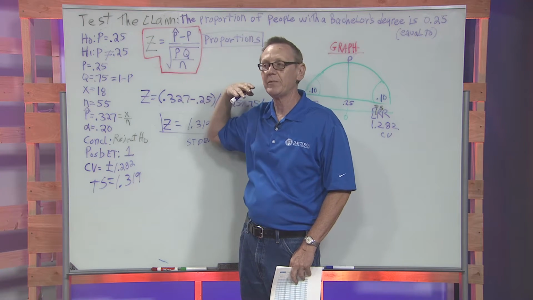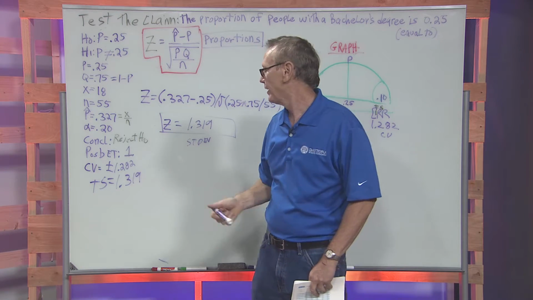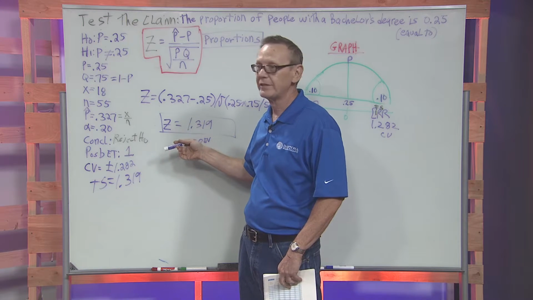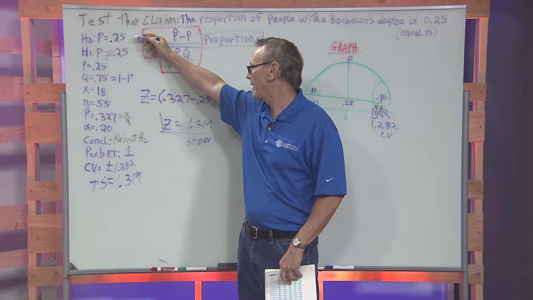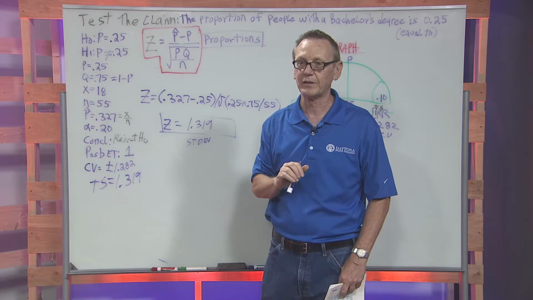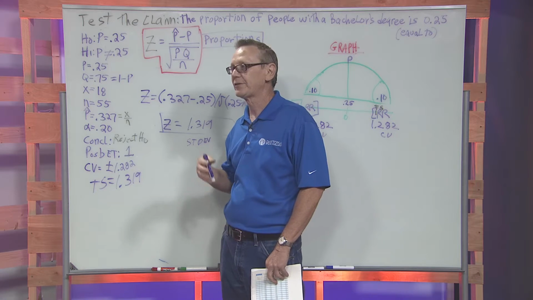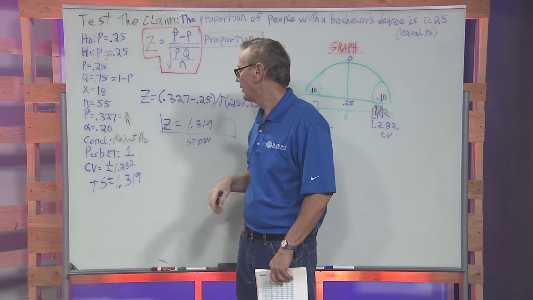Maybe we're wrong. Maybe we should not be rejecting. Maybe it should be fail to reject. If we reject the null, the implication is that the alternative is supported, even though we can never prove a null hypothesis to be true or false.